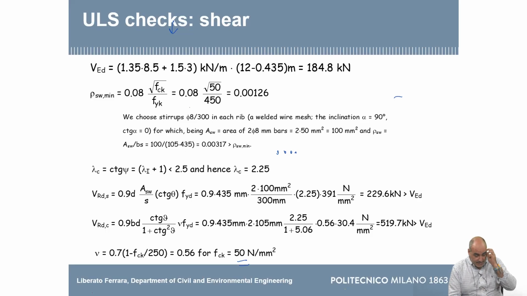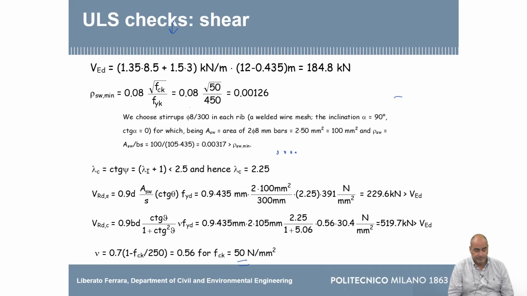Well, first thing is this. In the codes, you find that you must provide a minimum shear reinforcement, unless you use fibers, but that is another thing. Minimum shear reinforcement, the formula is this, and this rho S web is the area of the stirrups divided by the spacing.